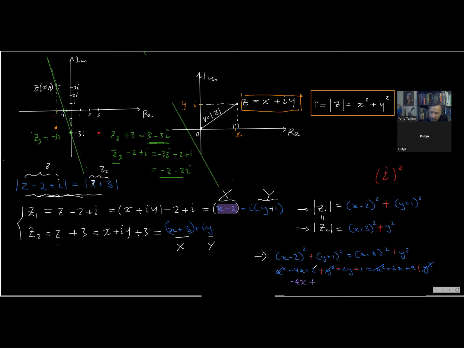This should be 4, right? Can you see that? This is 2 squared, right? 2 squared should be 4. I just want to make sure we got the correct result first. Y cancelled, and you got negative 2y. And the minus 1. Gosh.